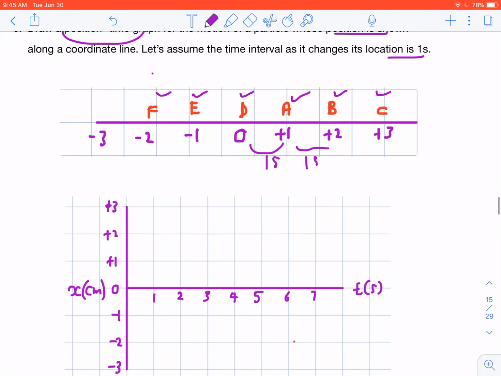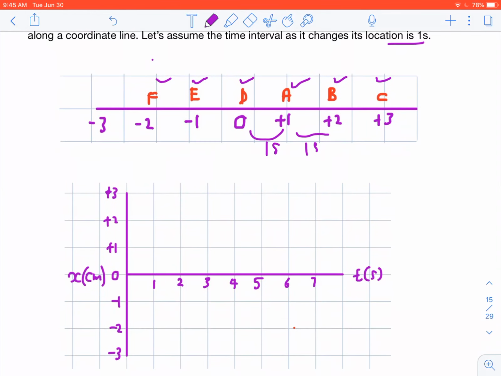Now let's draw a position time graph. So here we have A at +1 and B at +2. So after one second, there we have A. Then we go to B, which is at +2.